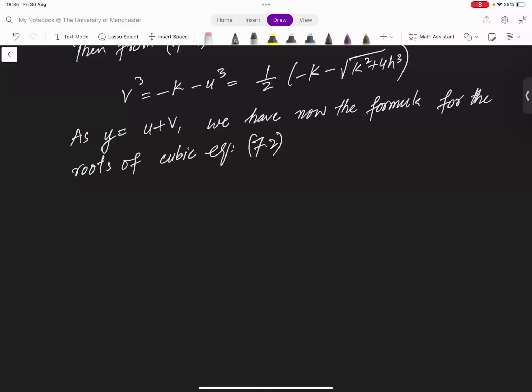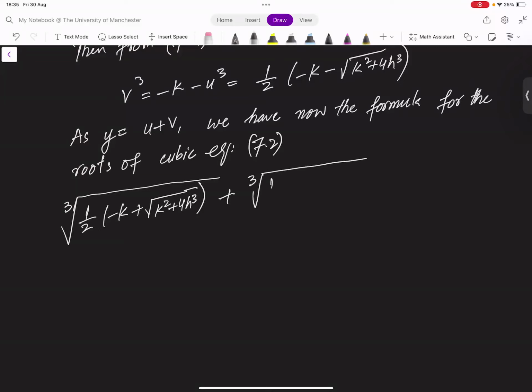And that formula is the cube root of 1/2 of minus k plus the root of k square plus 4h cube, plus the cube root of 1/2 of minus k minus the root of k square plus 4h cube.